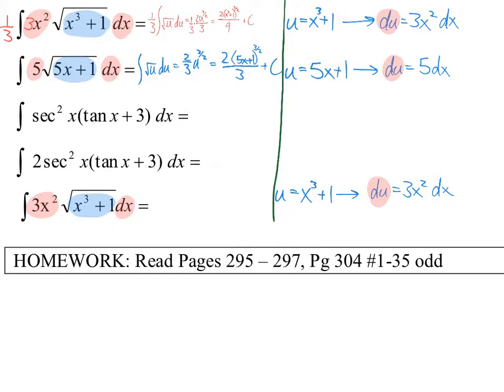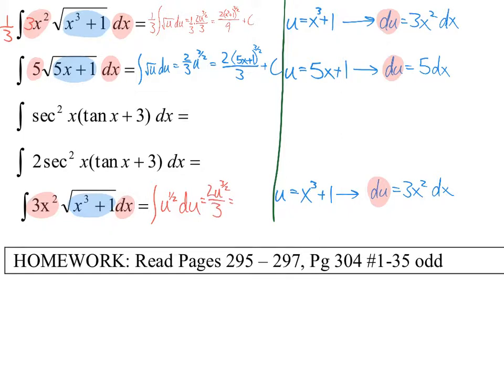Because all of the u is right there already, we can simply do the integral of the radical u, or u to the 1/2, and then replace the rest of it with the du. And then it's actually the same as the other ones. It's u to the 3/2 times 2/3.